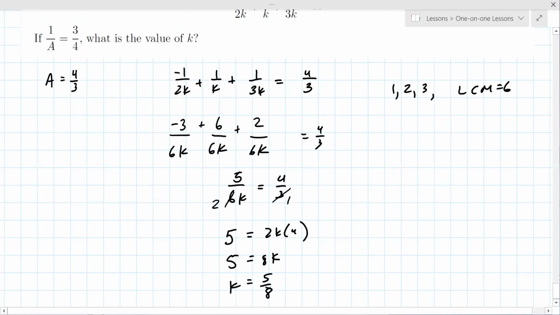So I think what I did was that on the 5 over 6k equals 4 over 3 step, I simplified the 4 to 2 and the 6 to 3. Can you not do that? You cannot go diagonal. You can only go vertical or horizontal. Okay. Vertical on the top and horizontal on the bottom. That's where I messed up then.